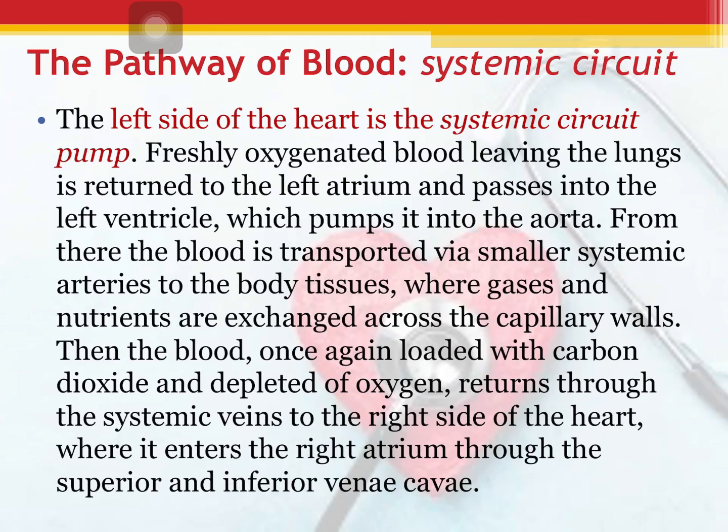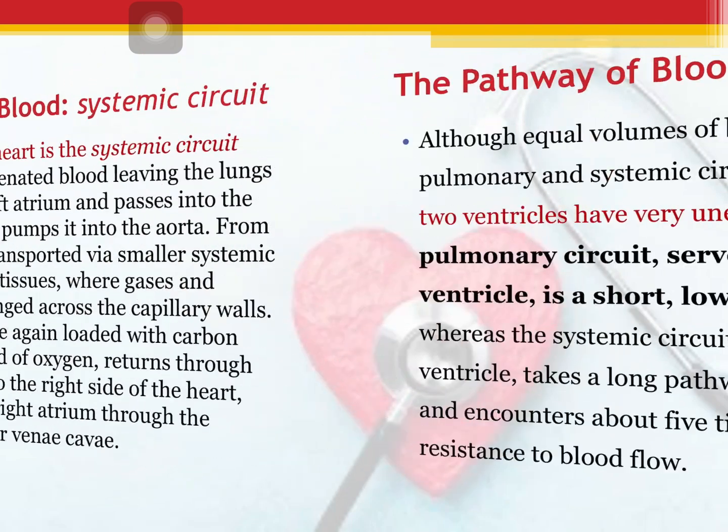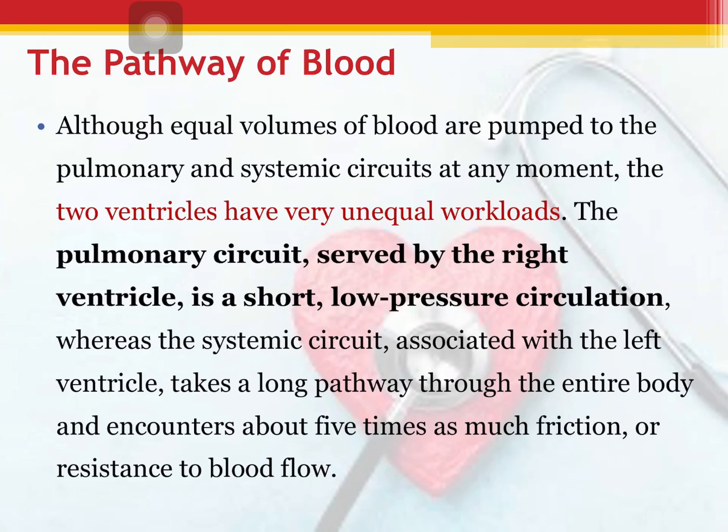After the oxygen is consumed, the blood is once again loaded with carbon dioxide and depleted of oxygen. It now returns through the systemic veins to the right side of the heart, where it enters the right atrium through the superior and inferior vena cava.